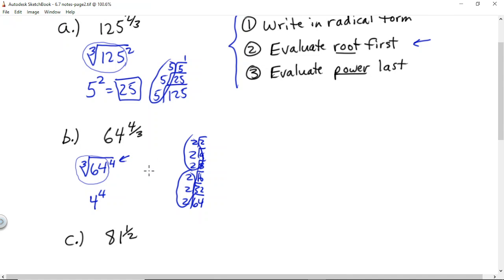Because that's the power in our expression. Okay, and we evaluated the root first, and we got the base of 4, and then we do the power. We raise that to the 4th power. So you just punch that into the calculator. 4 times 4 times 4 times 4, and that's 256.